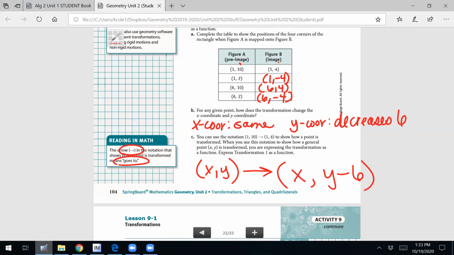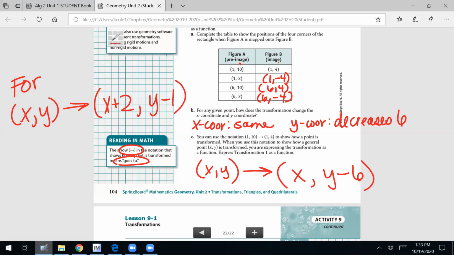So you won't always get a graph. They're not always going to graph it out for you. Sometimes the only thing that you're going to get is just a function. So for example, if I gave you this original, this is the pre-image, tell me what happens to that shape.